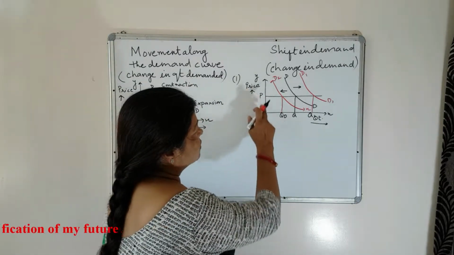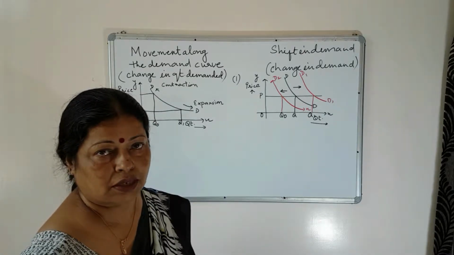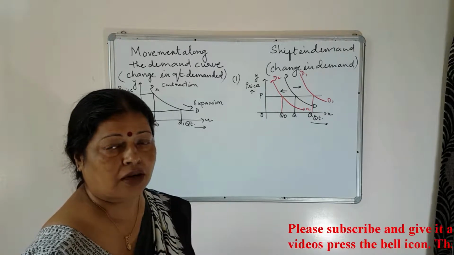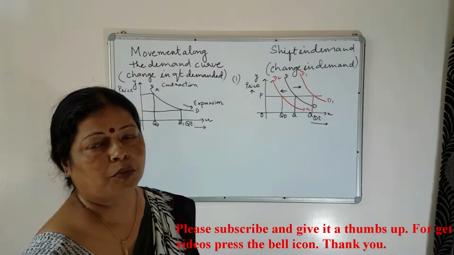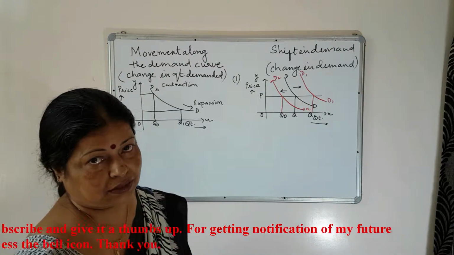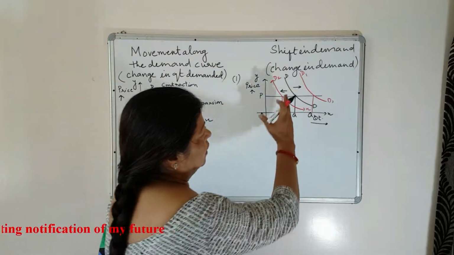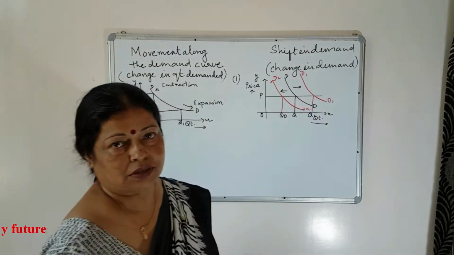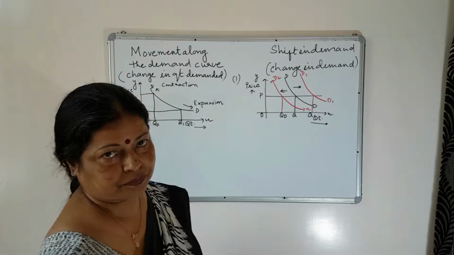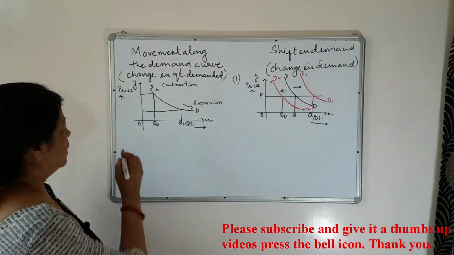OP is the price, which is constant because in shift price remains constant, and due to change in other factors which are affecting demand like population, income, taste and preferences and so on. तो आप यहाँ देख सकते हैं कि demand curve is shifting towards right and demand curve is shifting towards left. Now this is the first difference.